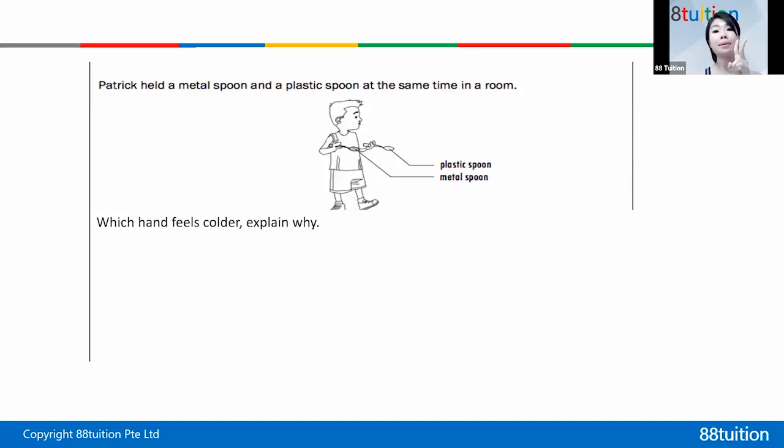So this is a 2-mark answer. Your answer needs to talk about the direction of heat flow from where to where and whether it's faster or slower. Of course, you also must tell me which one is a better or poorer conductor of heat. 7:45, I want your answers in the chat group, yeah?